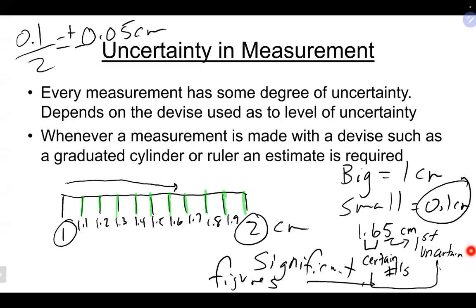And sometimes people will record this as 1.65 centimeters plus or minus 0.05 centimeters. I personally am not big at recording the plus or minus part of it, but some people in the department are very big at recording the plus or minus part of it.